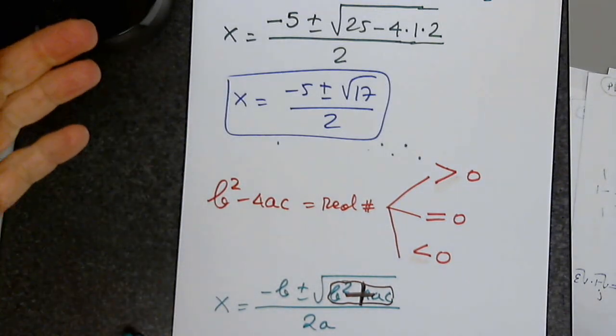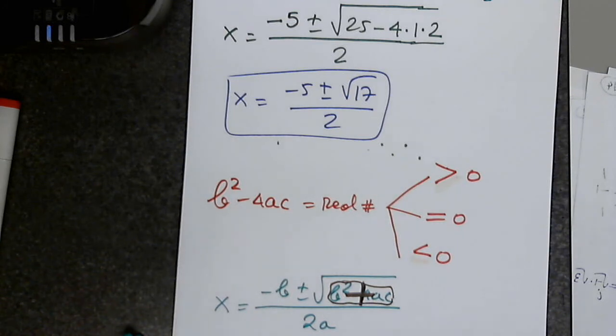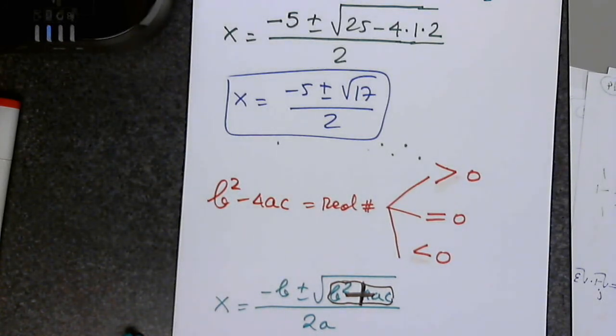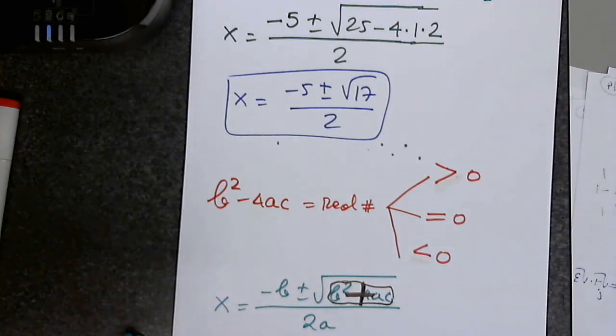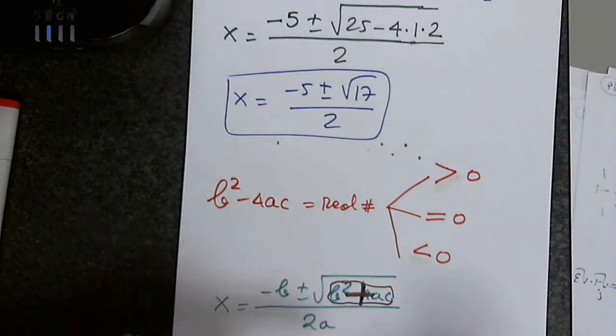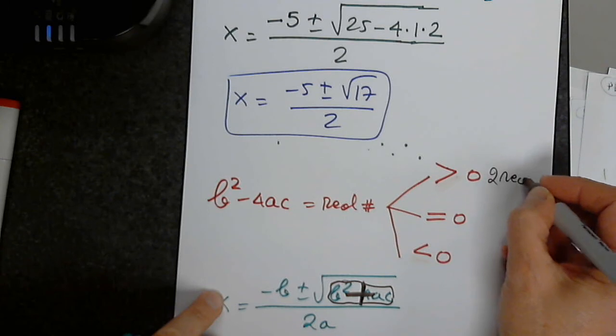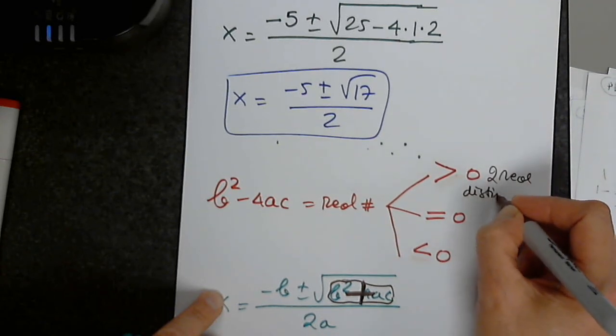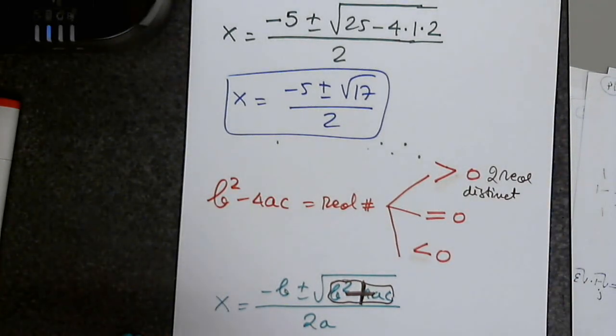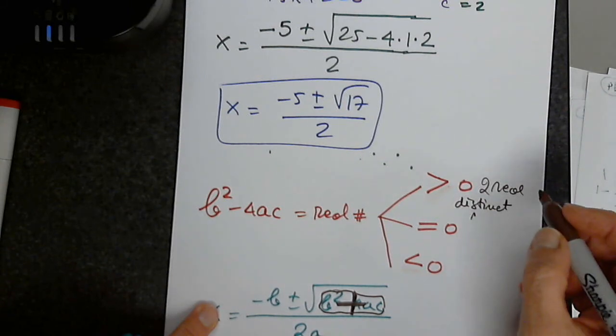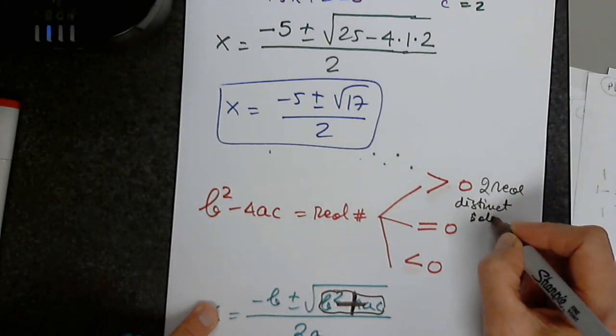But what kind of numbers will they be? Because we know 2 types. We know real and imaginary. Will they be real? Will they be imaginary? Real, because I have a positive number here, right? So I will have 2 real, distinct, in other words, not the same, real solutions. 2 real, distinct solutions.